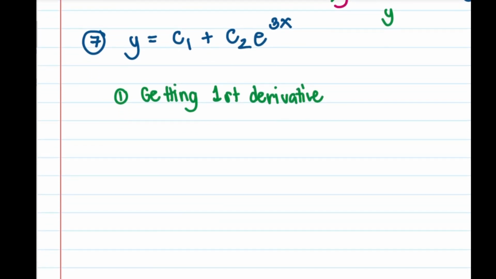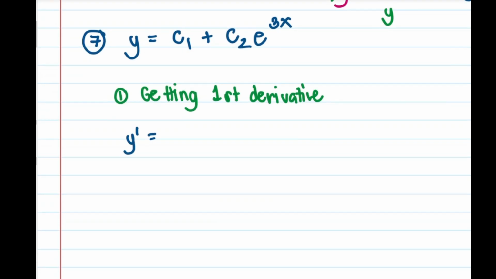So getting the first derivative, this one will be y prime is equivalent to derivative of the constant is 0 plus derivative of e raised to 3x is 3c2 e raised to 3x.